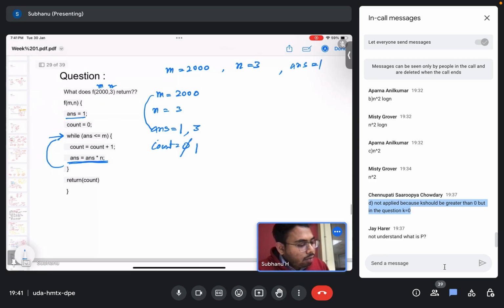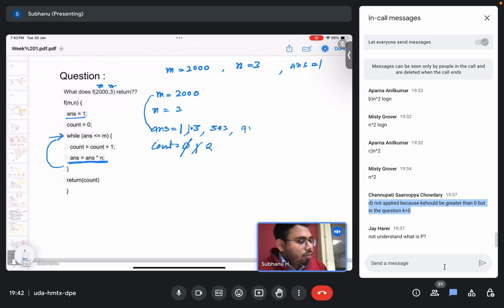Then count becomes 2, and then 3 into n means 3 into 3. So here we did 1 into 3, here we did 3 into 3.